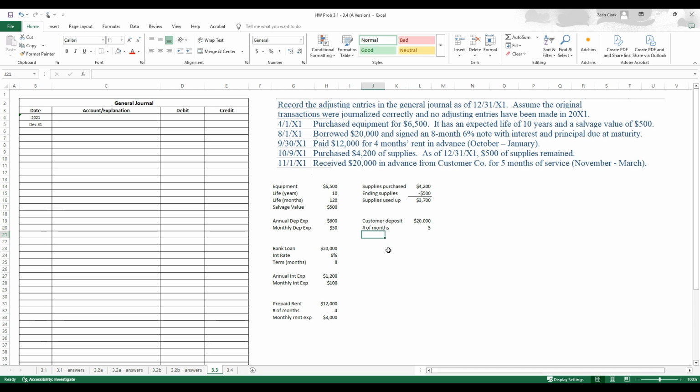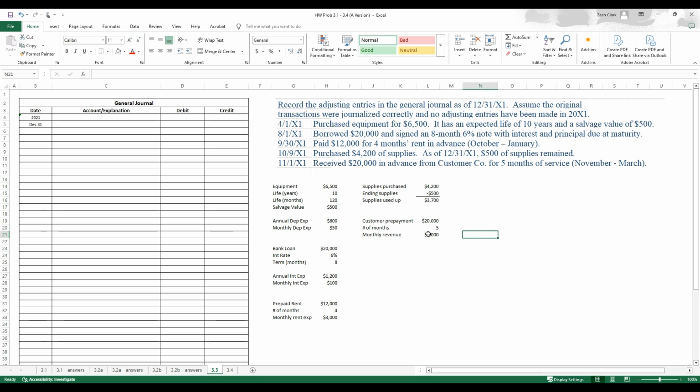And then that means our monthly revenue is, and I'm going to call this customer prepayment, just to differentiate, because sometimes deposits are just something that you hold on to and give back, like when you rent somewhere, you might have to put a deposit, but really a prepayment you expect to be fully used up over time.